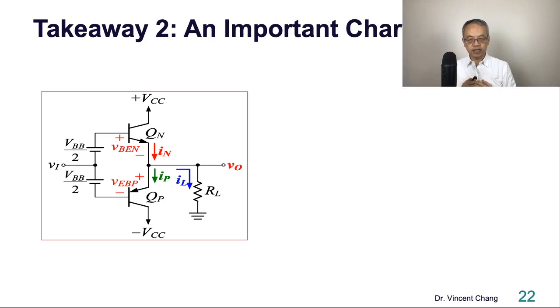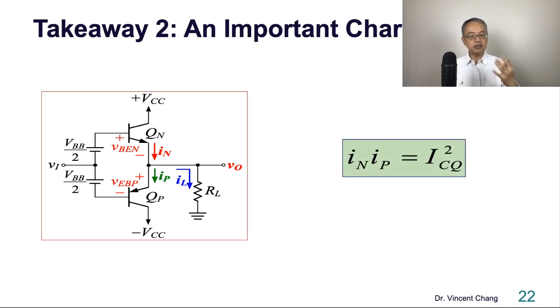The second point, a very important characteristic, is that the product of these two currents is, at all times, a constant. Just imagine the waveform. So what is the constant? ICQ squared. Which means when IN goes up, IP goes down. Imagine there are two waveforms.